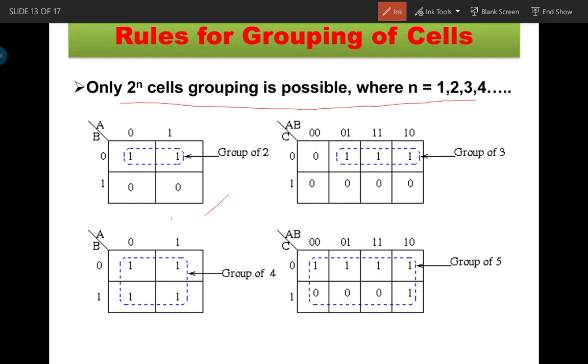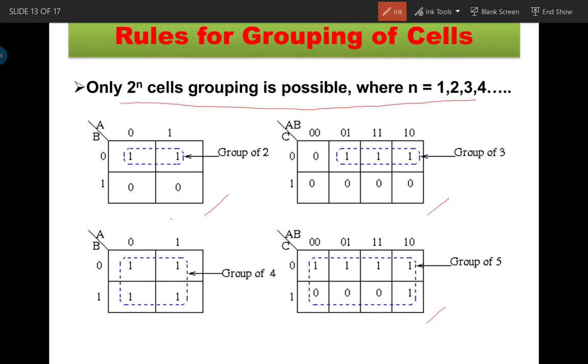For 3 variable we require 8 cells, and for 4 variable we require 16 cells, right? So we have the zeros and ones filled in each cell. Now for the maximum possible group, we have to see how many ones we can include in a group, right?